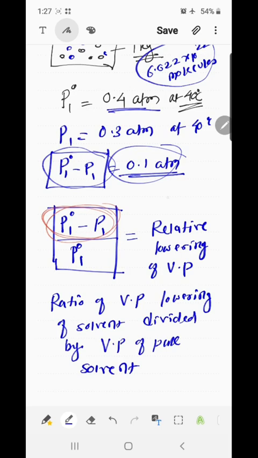And class, remember, like lowering of vapor pressure, relative lowering of vapor pressure is also a colligative property.